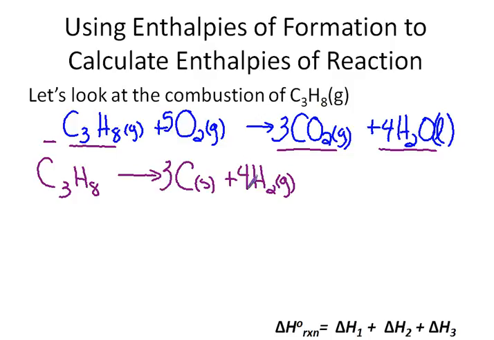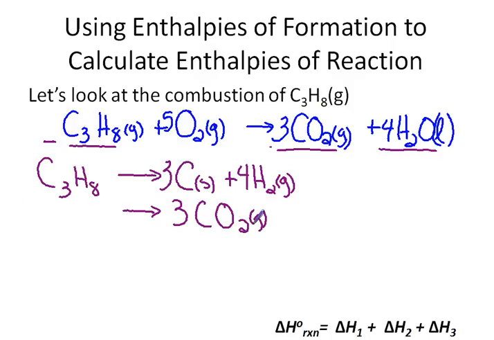And then remember yesterday I said keep your arrows lined up when you're doing these kind of things where you've got to add stuff together. It just is helpful. For our next thing that we have to form, which is our carbon dioxide up here, we need 3 of those. What's carbon dioxide going to be formed from? And notice I kept it on the product side because that's where it was.